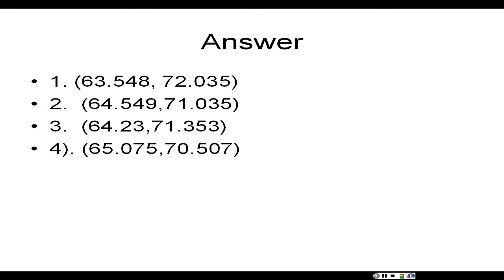I have in my calculator 64.548 to 71.034. The closest thing is number 2. You will get some differences in answers, in the sense that sometimes, if you use the calculator or the long way, you'll have a minimal amount of difference. This should be accounted for, and it will be accounted for in the test.